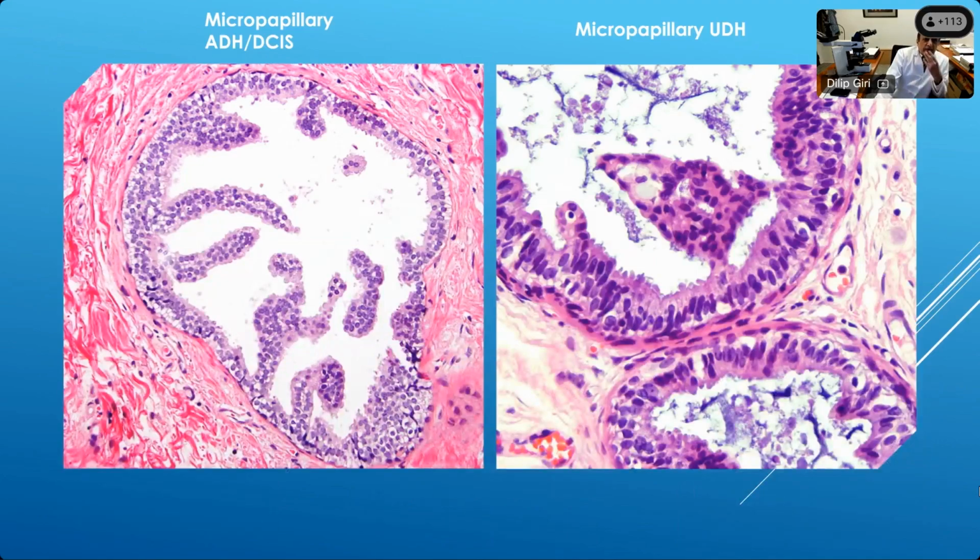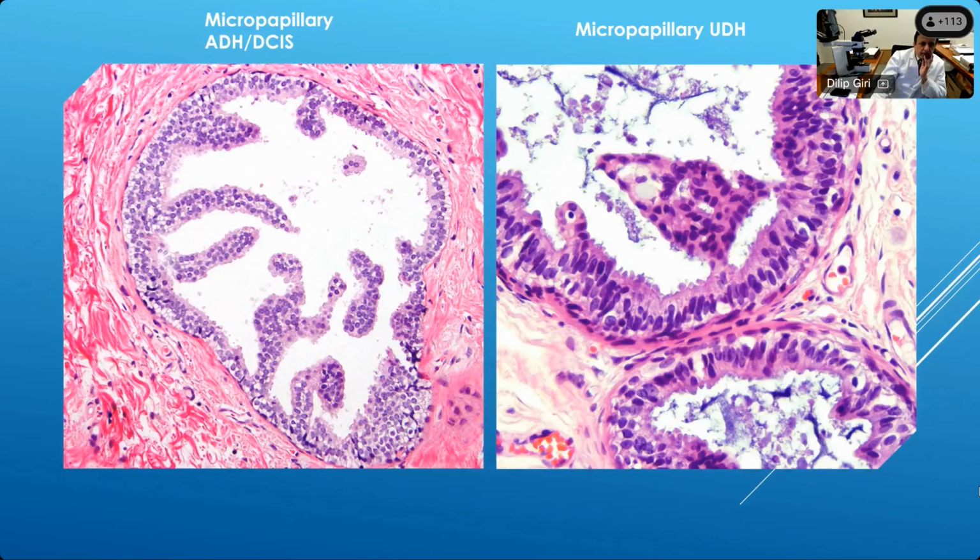Now, again, ADH can have different morphology. ADH and DCIS don't necessarily have to stick to only one morphologic pattern that we saw in the previous slide. Sometimes you can get this kind of micropapillary proliferations, tufts of cells pushing into the lumen.